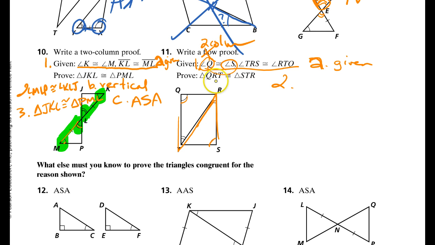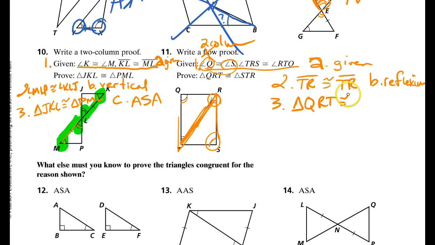So hey, I see angle, angle, side. So let's talk about TR congruent to itself because of the reflexive property. And my last statement is the triangle, that QRT really is congruent to triangle STR.